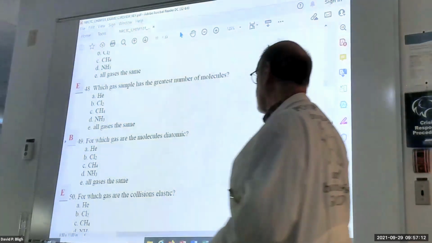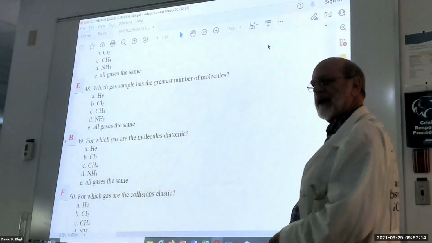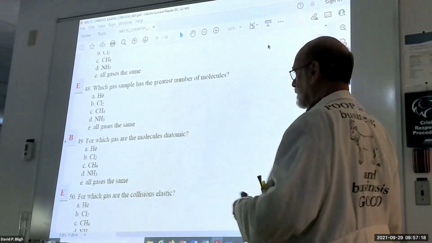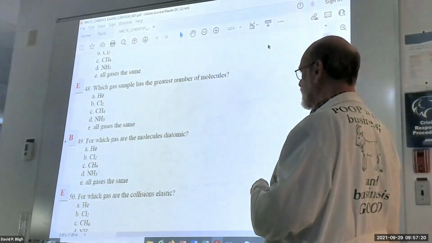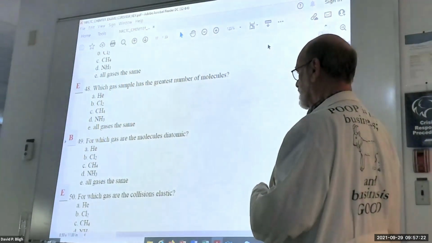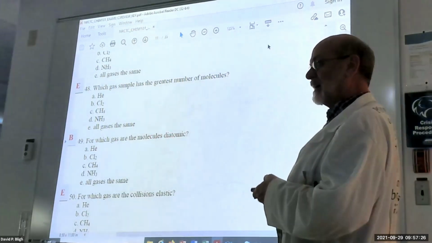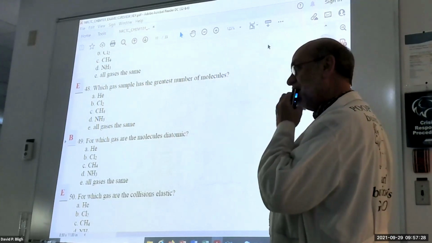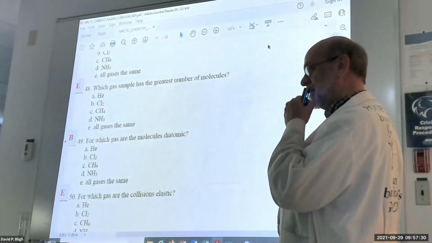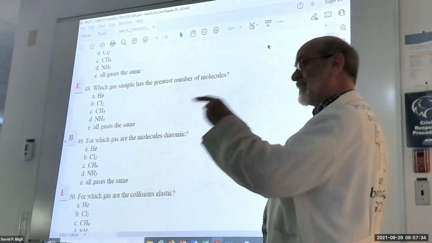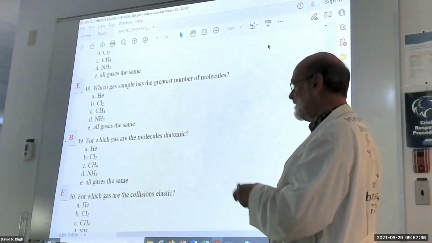This is something that you should have known from the very beginning, actually. Which is okay, that's fair. Which of these are diatomic? What do we mean by diatomic? Natural state is 2. Yes, of the same element.